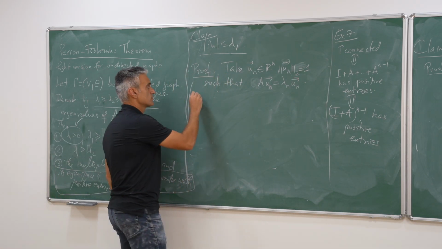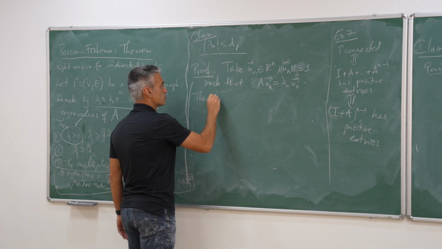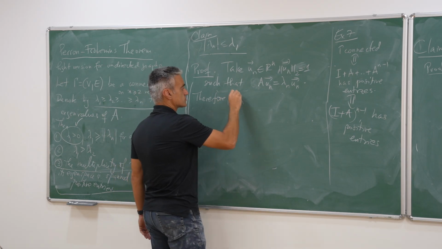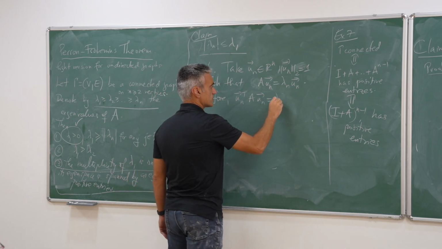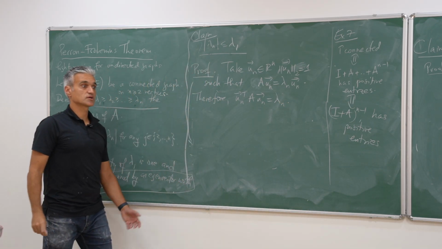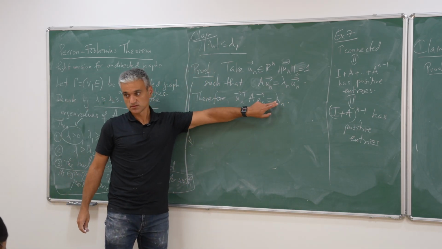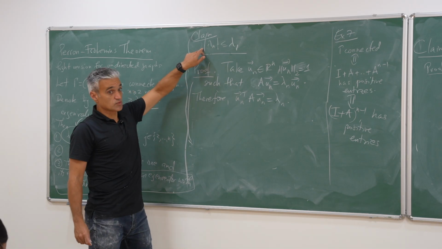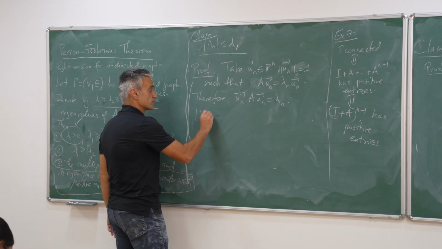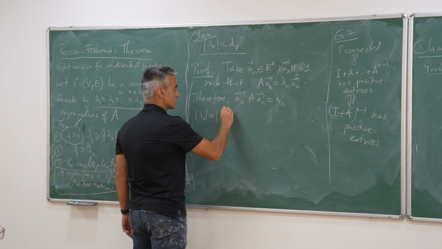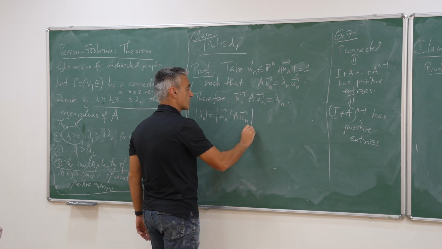And as before, therefore, un transpose A un equals lambda n. So you got your hands on lambda n from here. Now, what do you want here? You want absolute value. So take absolute value. So you have the absolute value of lambda n is the absolute value of un transpose A un.